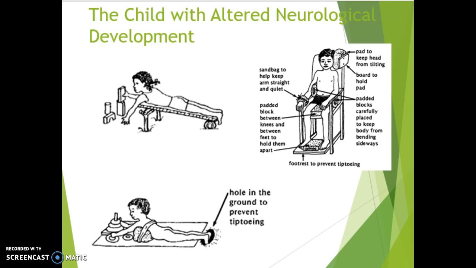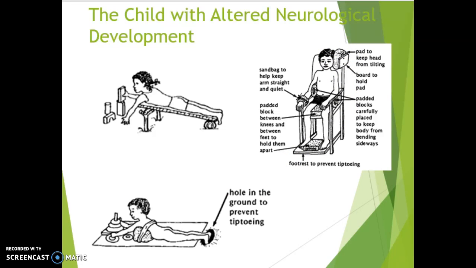Here are some assistive devices that really help. You can see they can prop the child up, let their feet dangle. You don't want foot drop, and this is a really good one where they prop them up so that they can still play, but they're not laying flat on their back. When they're wheelchair bound, they have protective devices for their heads, for their bony prominences.